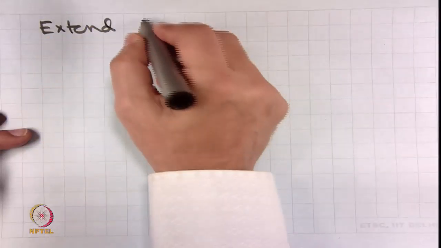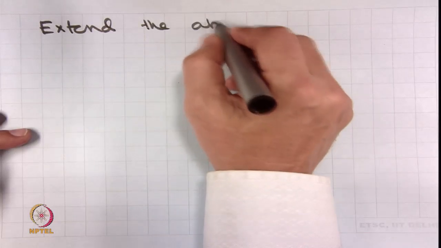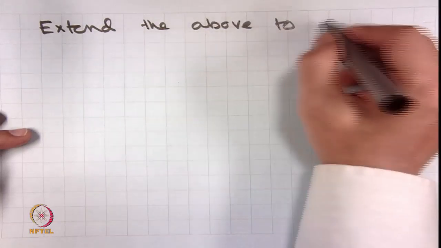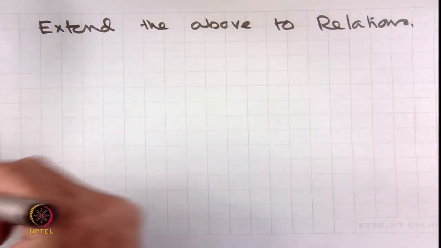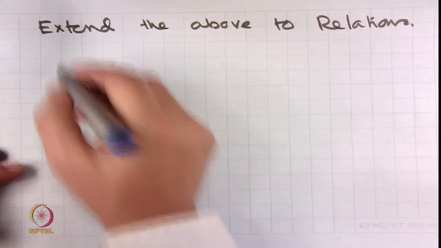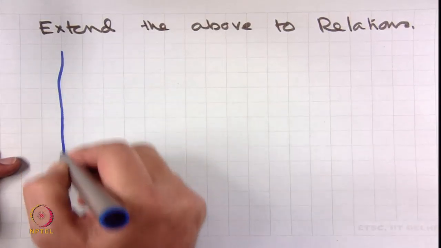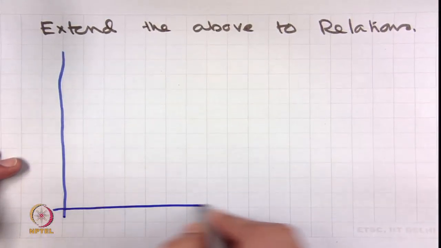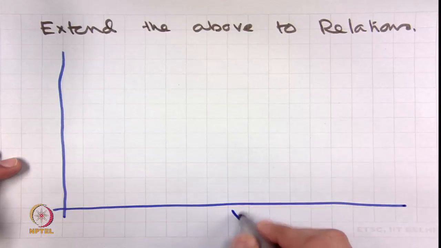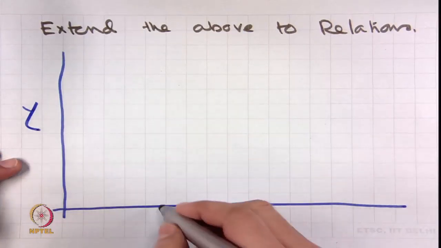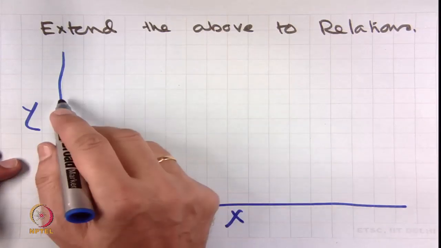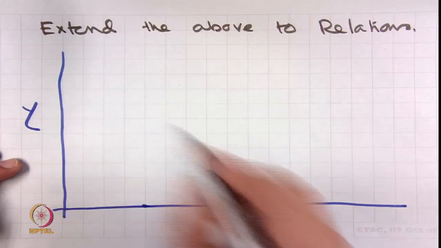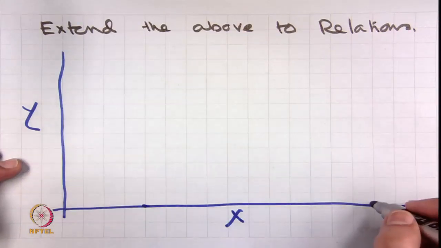Suppose we extend it to relations. Suppose we have the following. This is x, this is y, and there is a relation for each x with several values of y's, and each y may be related to several values of x.